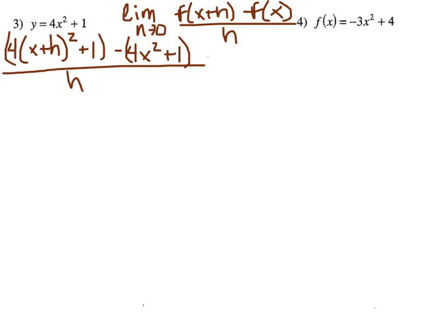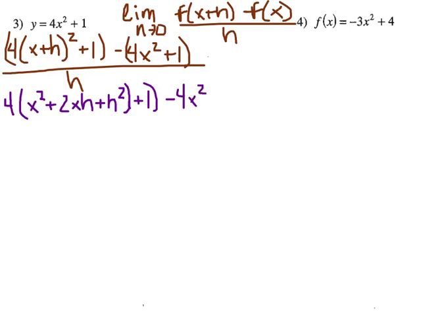We're going to have to do some multiplying binomials here, or foiling, and we'll get x squared plus 2xh plus h squared plus 1. And then we'll distribute out that negative, minus 4x squared minus 1. Now let's multiply, and that's all over h.